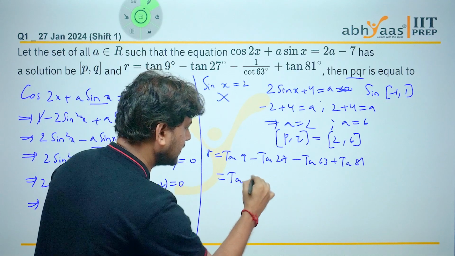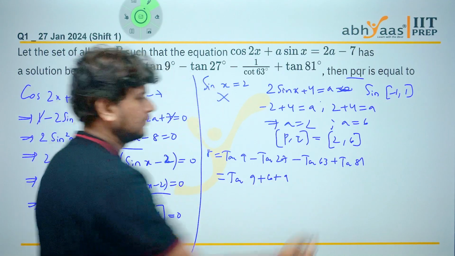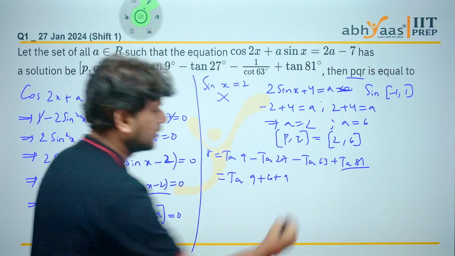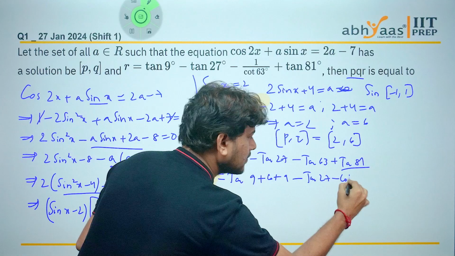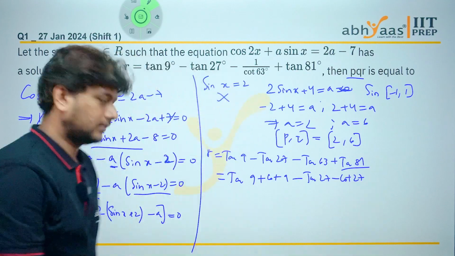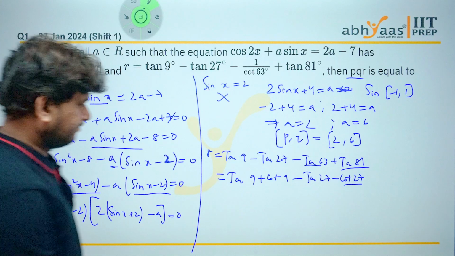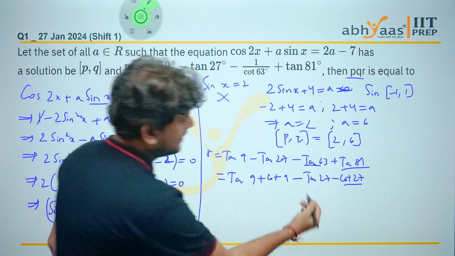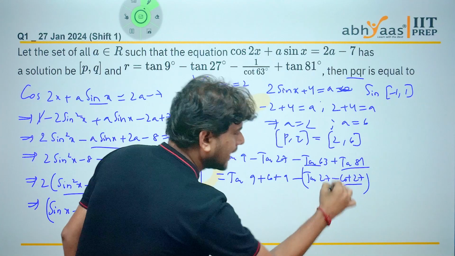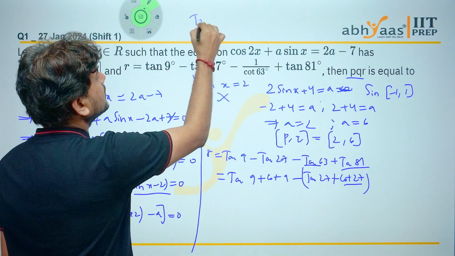We can write tan 9 plus cot 9, and tan 27 minus cot 27, since we can write tan 63 as cot 27. Now we have tan a plus cot a; if we take minus common, we get tan a plus cot a again. So let's solve tan a plus cot a.